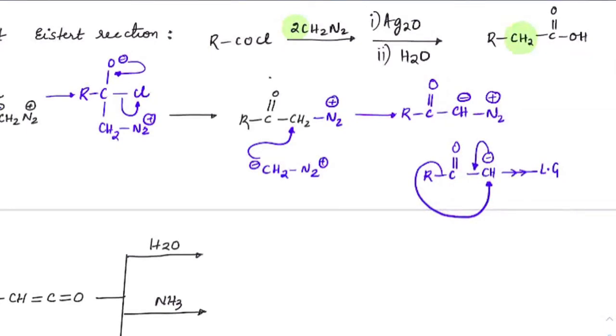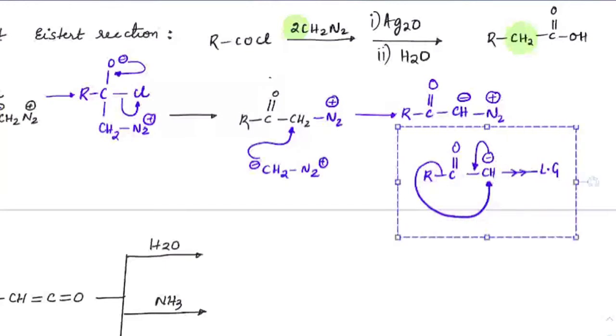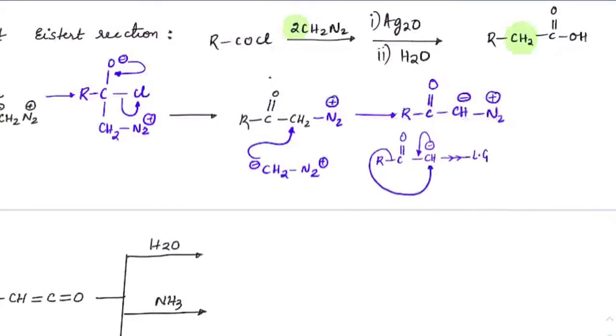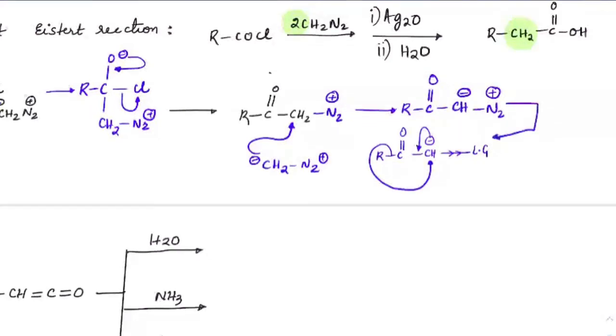So if that is done, what is the product we will have here now? After the Wolff rearrangement, we have N2 plus, which will leave here. R is attacking here, and a C double bond will form. So basically we'll have R, CH double bond, C double bond O, plus N2.